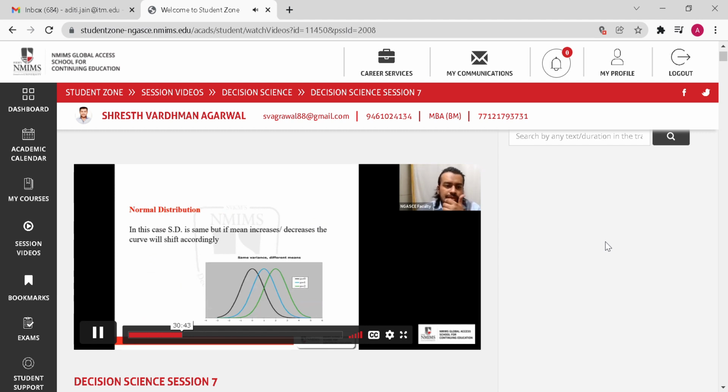Now in the normal distribution, the standard deviation decides the shape of the curve, and the placement of the curve is determined by the average value. Just remember this.